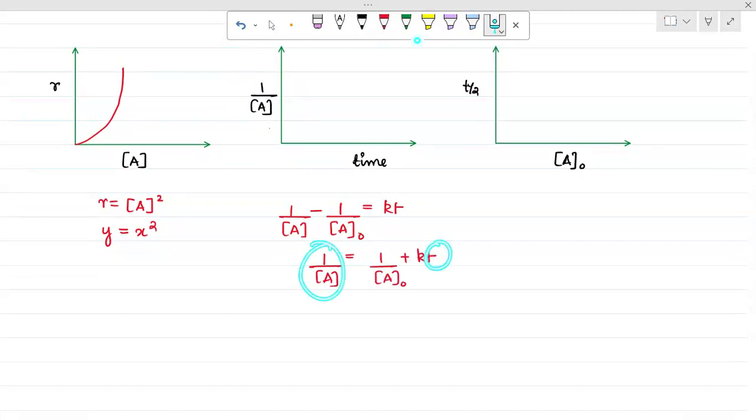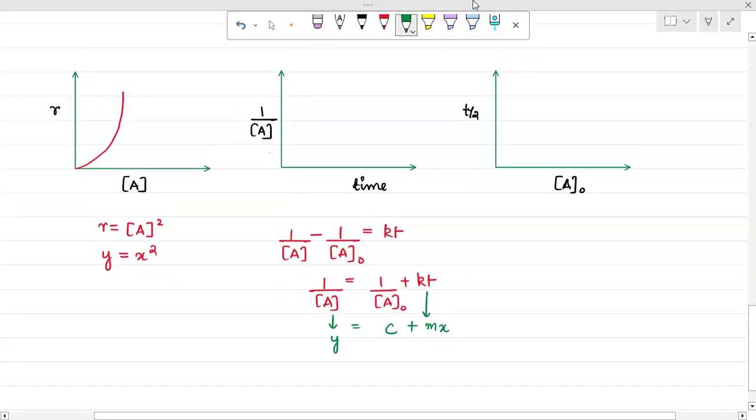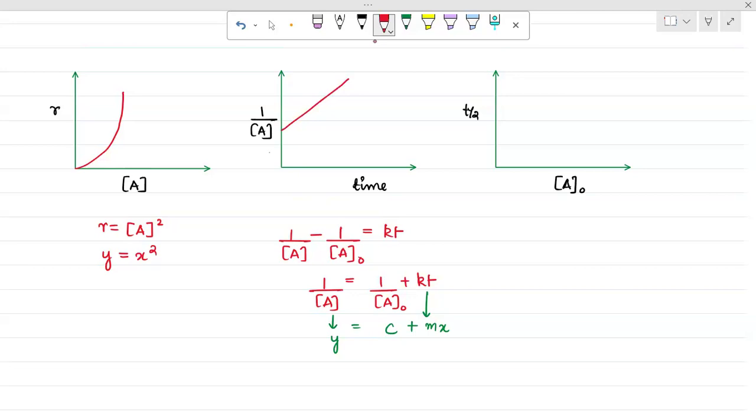This is my x term. So, this is of the form y is equal to mx plus c. This is going to be a straight line where the slope is K and the intercept is 1 by A naught. Easy.